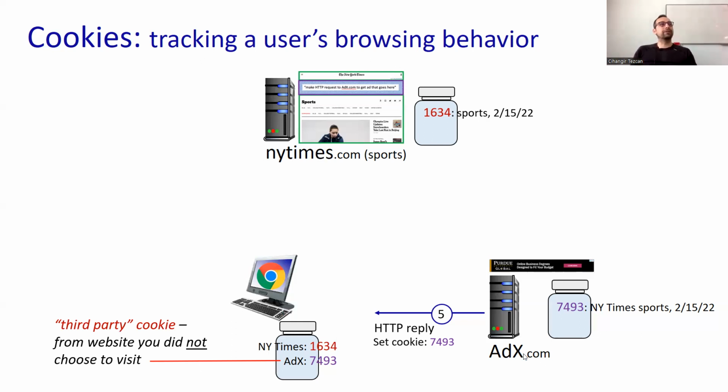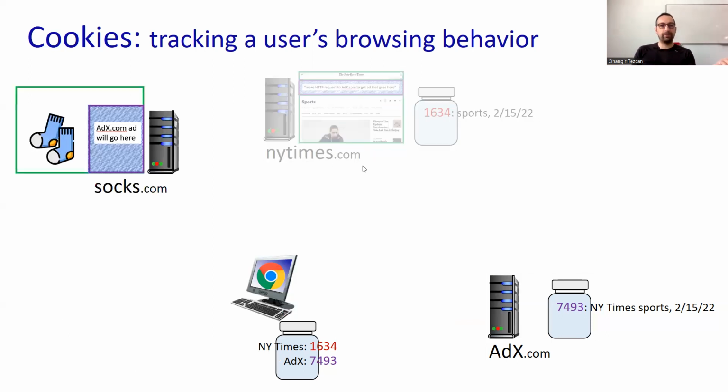And actually, nobody knows that they visited there because they thought that they were simply visiting New York Times. Okay, so there's another web page here. For instance, they will use this advertisement company's advertisements here, saks.com. So now you visit them.